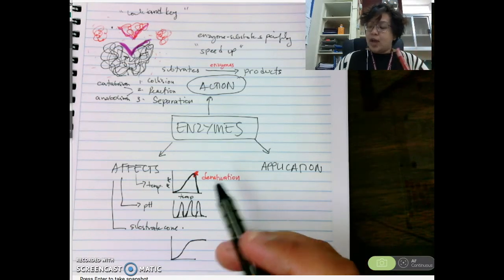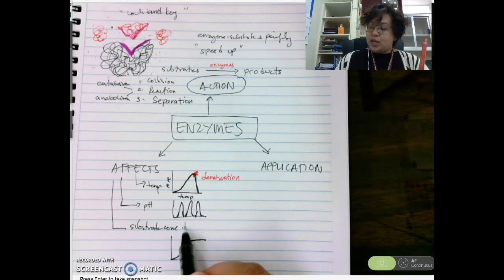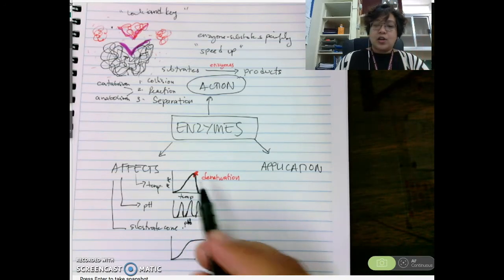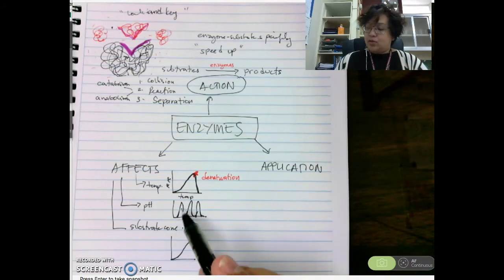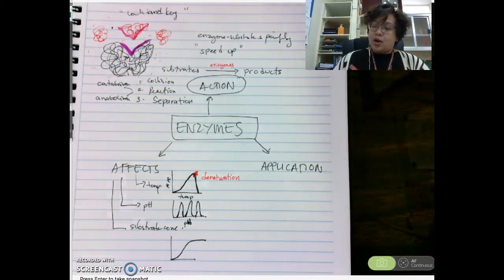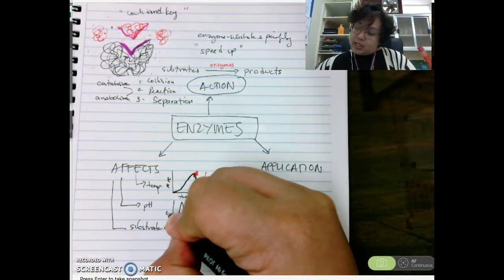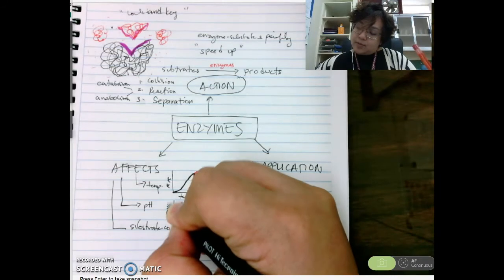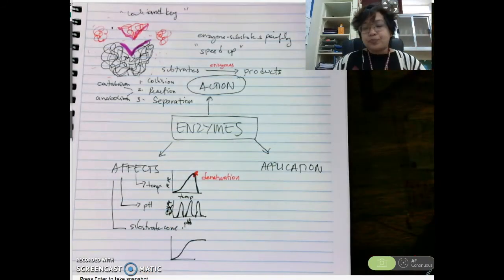All right, and then we have your pH. So if we keep increasing our pH, notice that I'm using 3 lines here, or 3 trends here. Y-axis is your enzyme action. Okay, that's enzyme action.